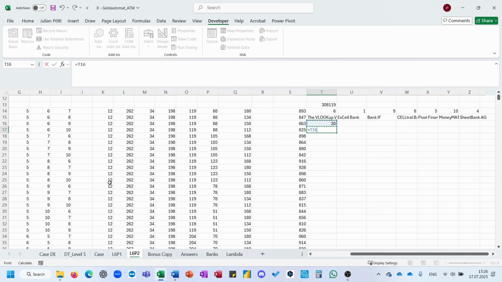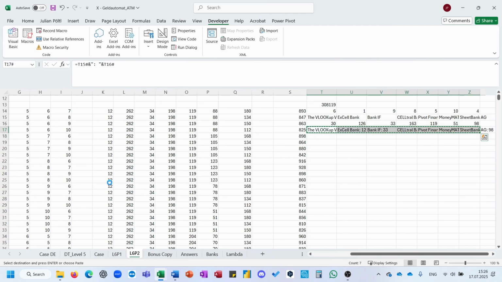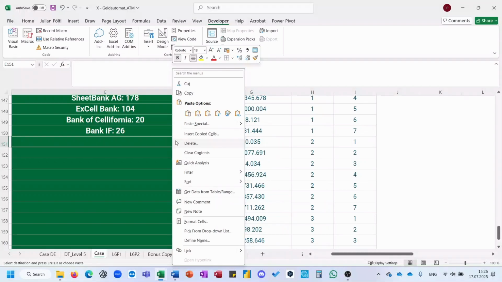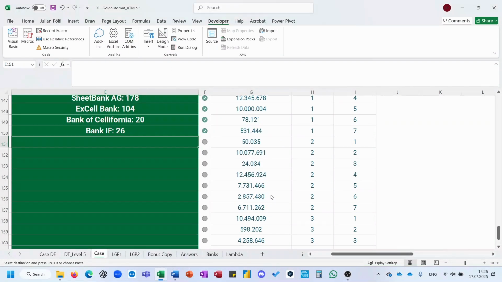Bank and... Let's calculate. It will calculate. Here we go. This is then the answer, or these are the answers for project 2.